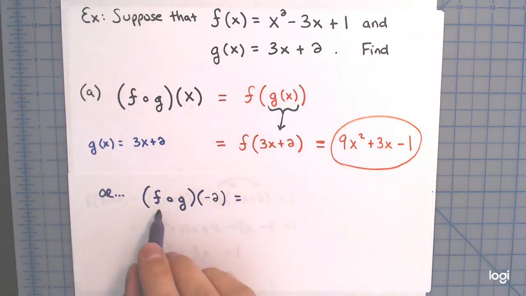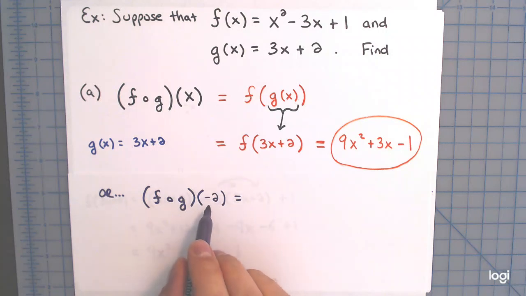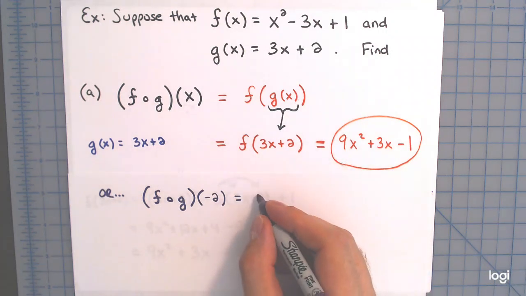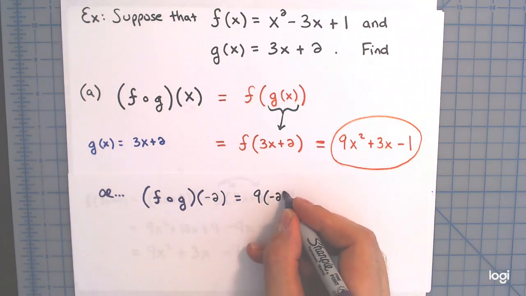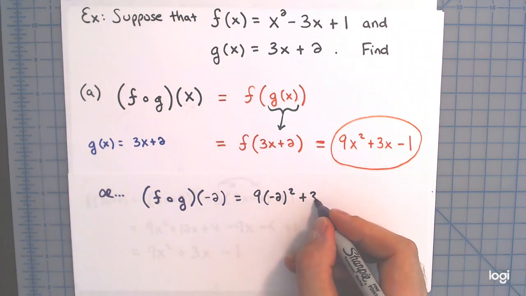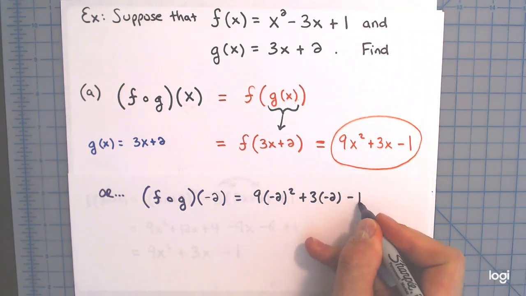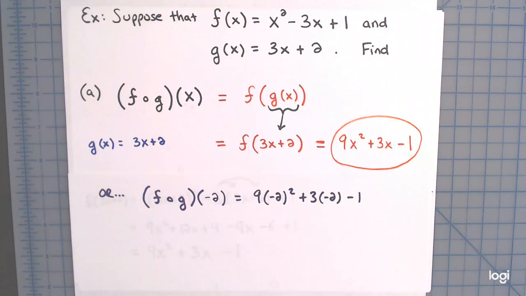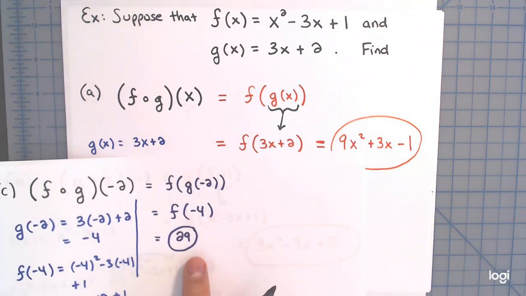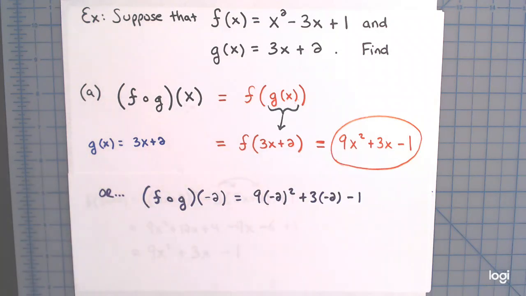So f composed with g, or f of g at -2, is 9 times -2 squared plus 3 times -2 minus 1. Now hopefully, if I did everything correctly, this will give me 29 like I found earlier. It better be if I did everything right. So this is 9 times 4, remember, -2 squared is 4. Sorry about the phone ring there.